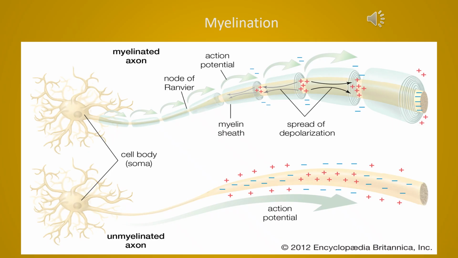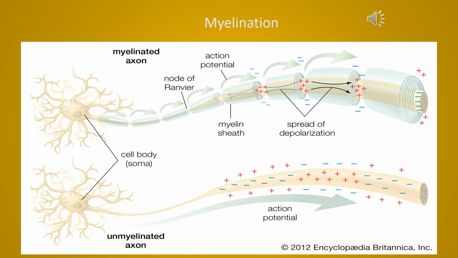Now, we can see the importance of myelin when it is damaged or when it is not there. So we do have certain conditions that are demyelinating conditions or demyelinating diseases. Two of the most commonly referenced demyelinating diseases are multiple sclerosis and Guillain-Barré syndrome.